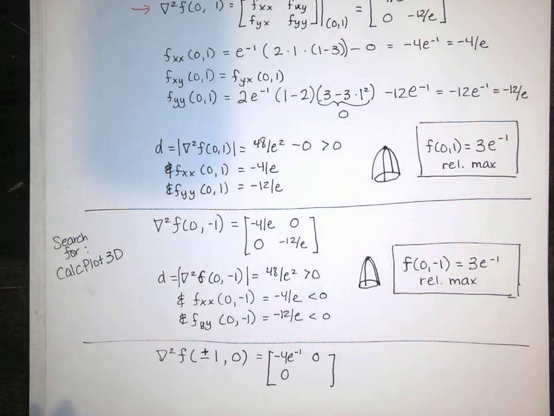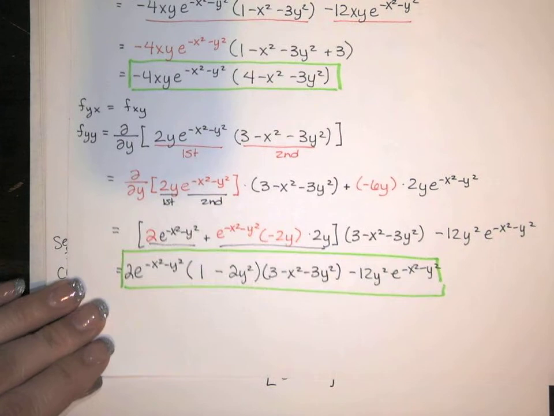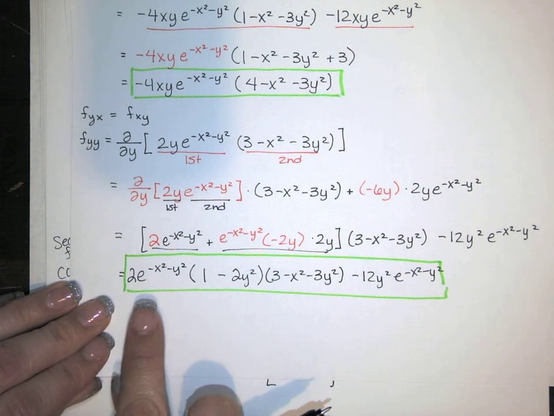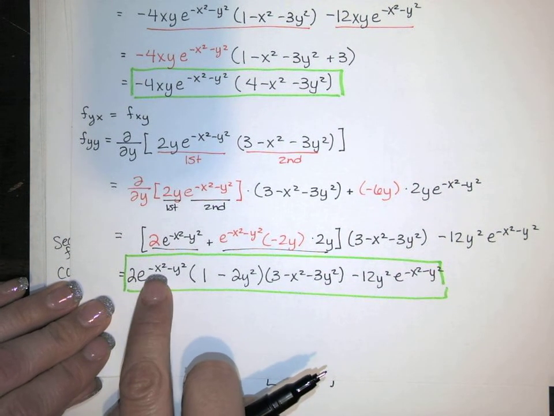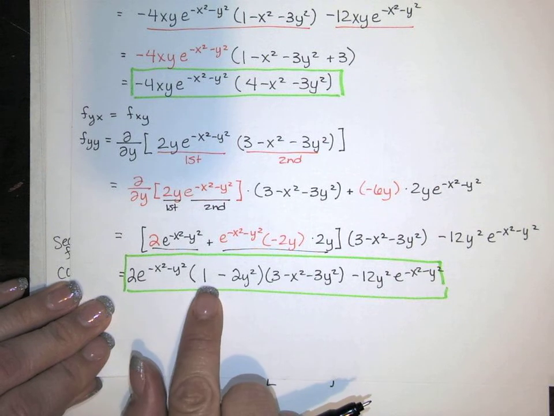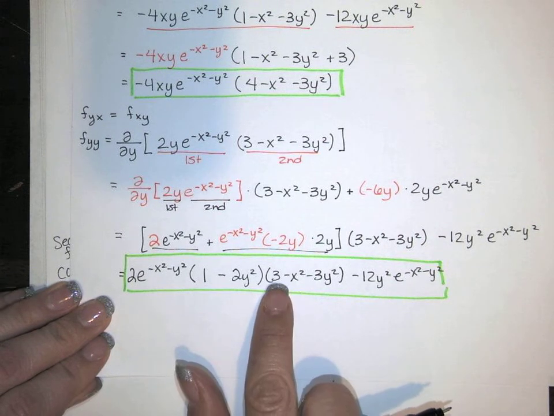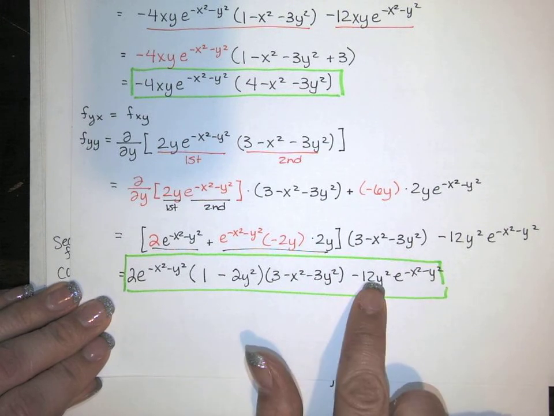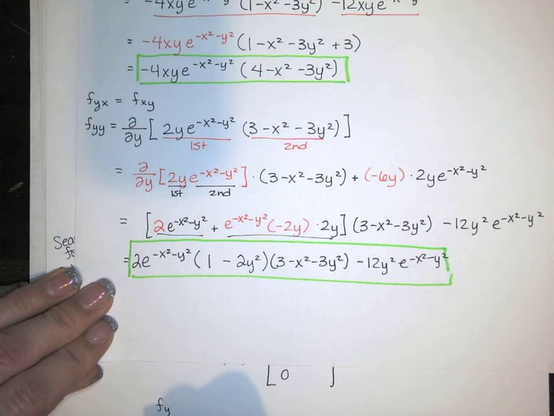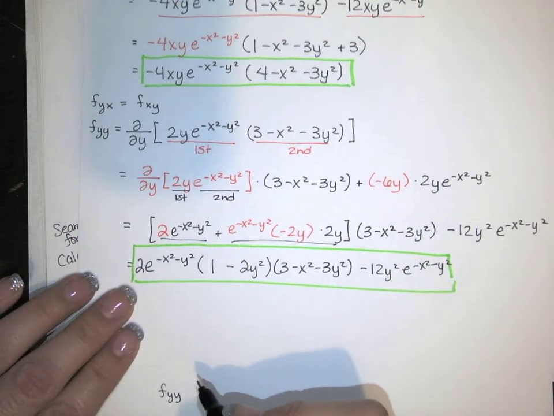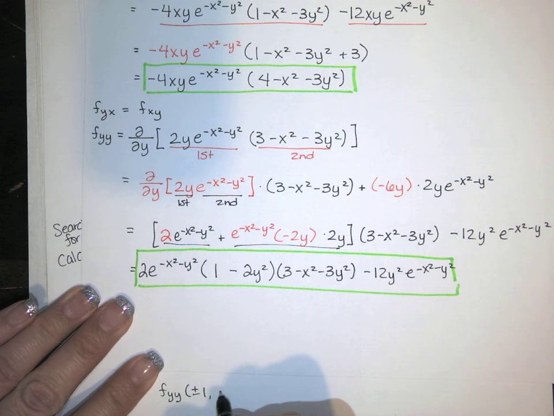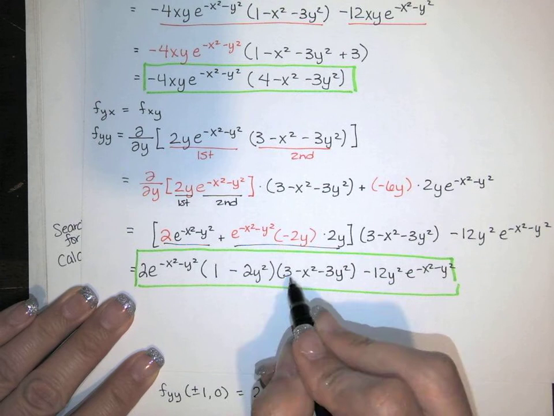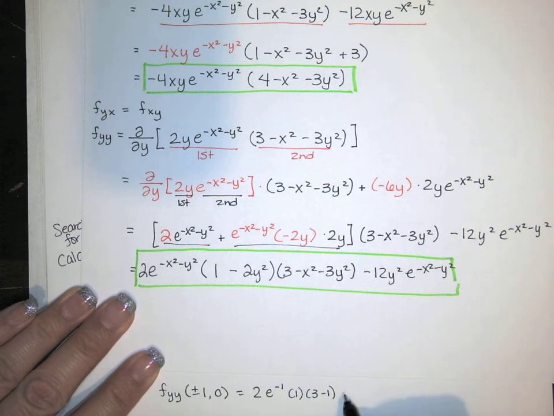The mixed partials are 0. And if x is plus or minus 1 and y is 0, we get 2 times e to the negative 1 times 1 times 3 minus 1, so that's 1 times 2. And y is 0, so that's gone. So let's write that out. Second partial with respect to y, at plus or minus 1 and 0 is 2 e to the negative 1 times 1 times 3 minus 1. So I end up with 4 e to the negative 1. Okay.